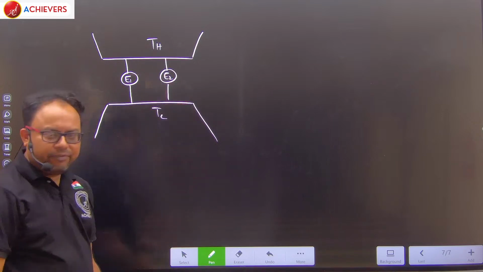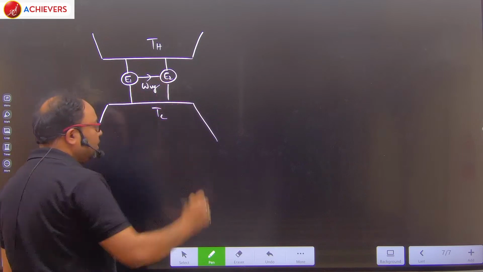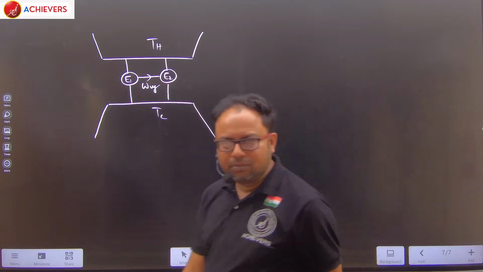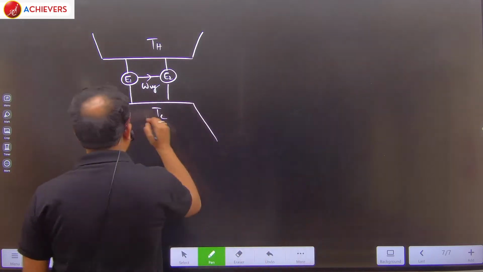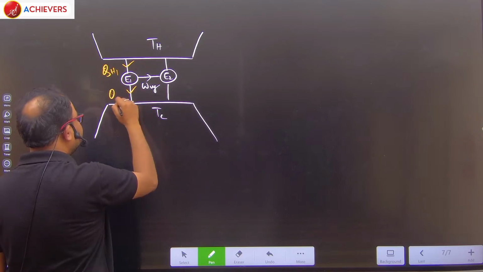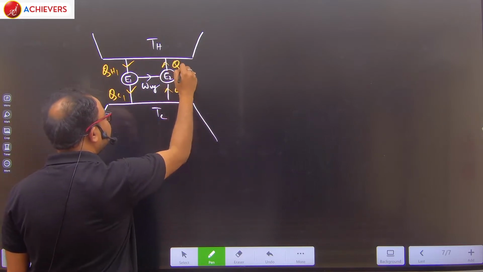E2 functions as a refrigerator. Now mod W cyclic has become all the same, so I'm not putting any suffix 1 or 2. That's quite evident. E1 is withdrawing QH1, transferring QC1, and E2 is withdrawing QC2, transferring QH2.